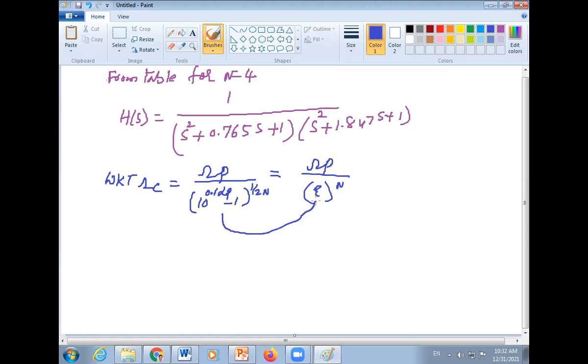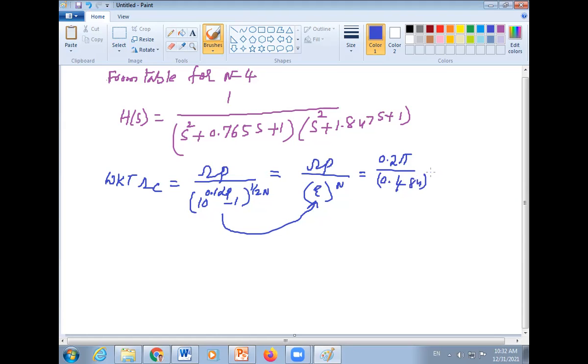So this complete value we are writing as epsilon to the power 1 by n, which will be equal to, by substituting the values, omega p is 0.2 pi divided by epsilon, which is 0.484, to the power 1 by n.